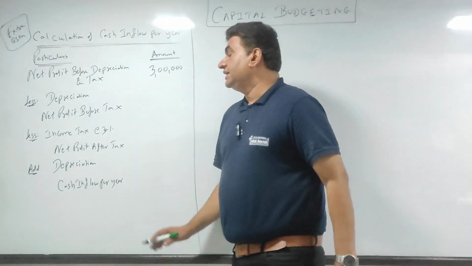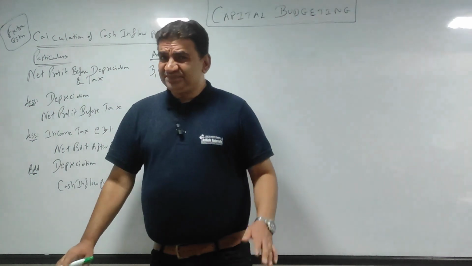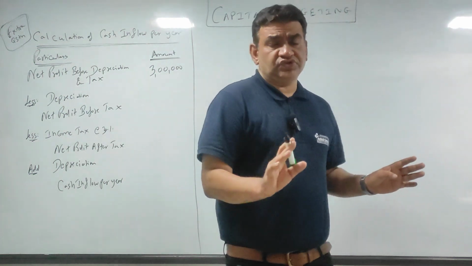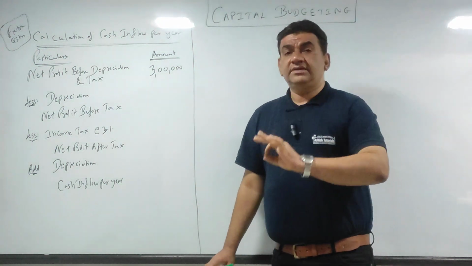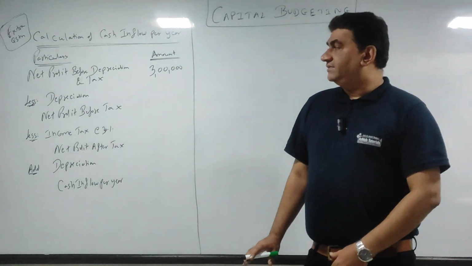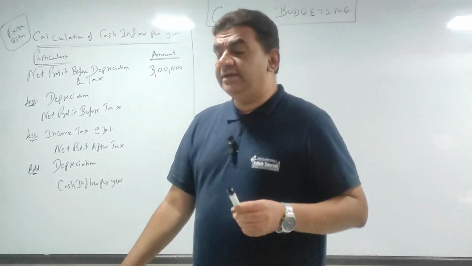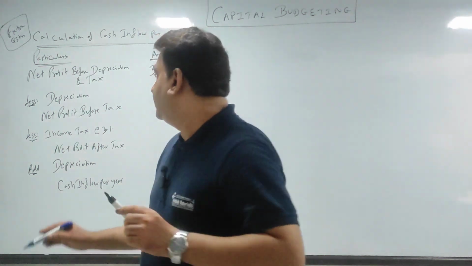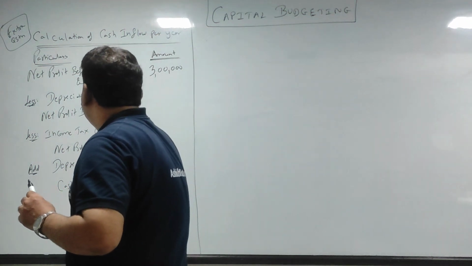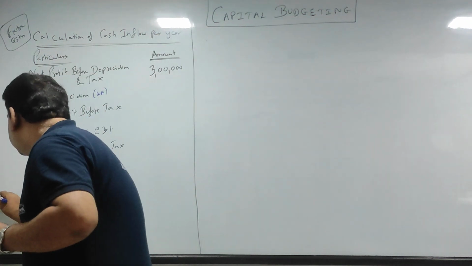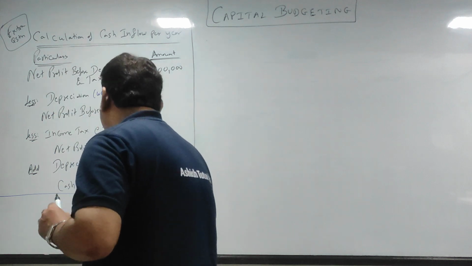Now guys, depreciation. I can calculate orally also, but because this is a basic sum, let me get into detail. Now to get the depreciation, again I am mentioning I can do it orally. We will make a small working note here.